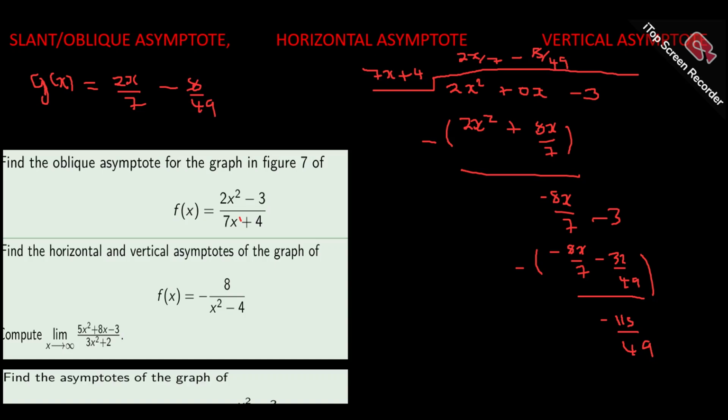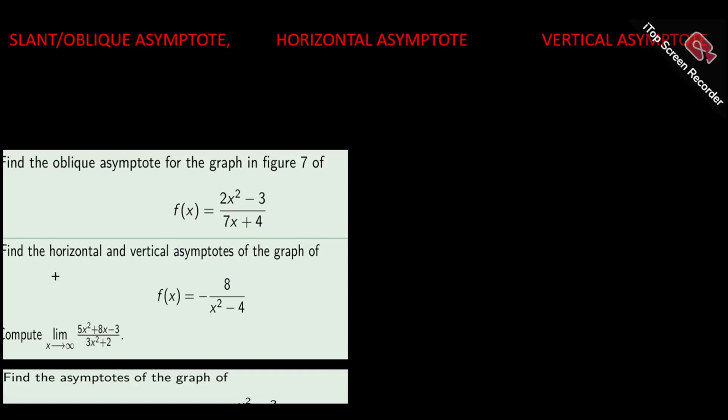Okay, let's go to the next one. This one here: find the horizontal asymptote and vertical asymptote of the graph. So this is the graph that we have here. Keep it cool, simple. When finding the horizontal asymptote, we said the degree of the numerator is supposed to be equal to that of the denominator.